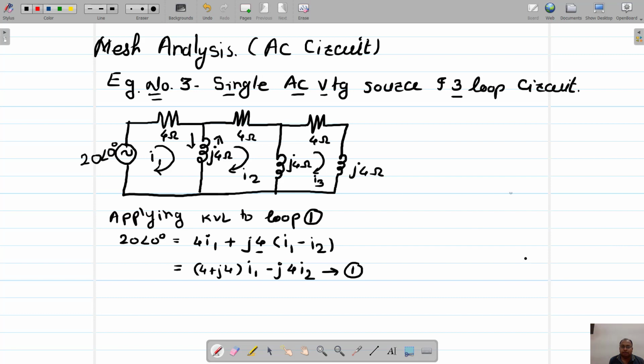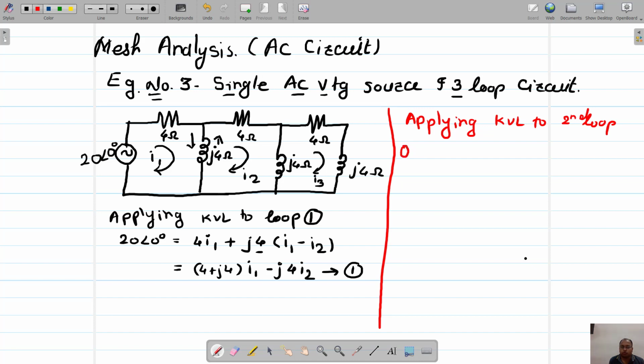Applying KVL to the second loop. In this loop there is no voltage source, so we write 0. The 4 ohm is exclusively in the second loop, so 4 into I2 plus, now there are two J4 inductors.